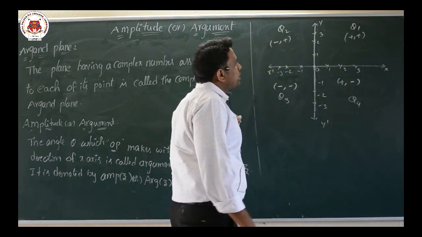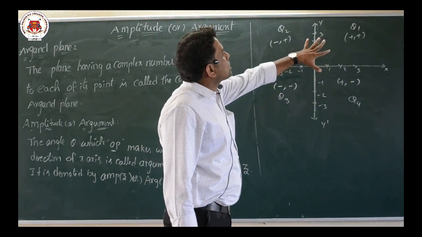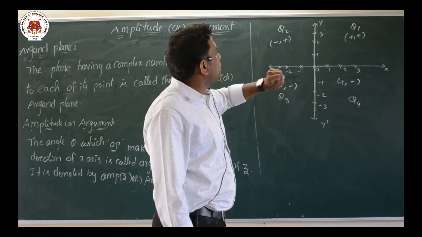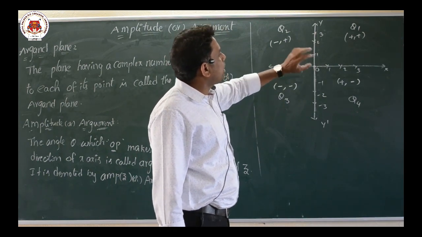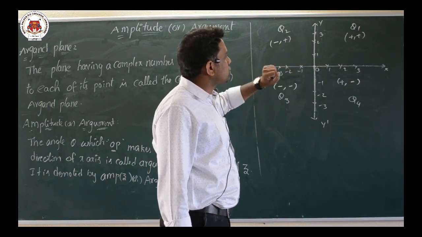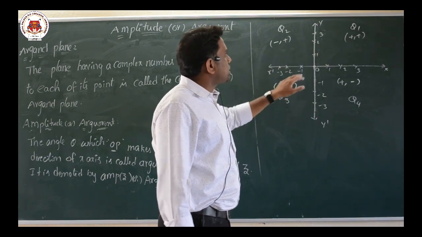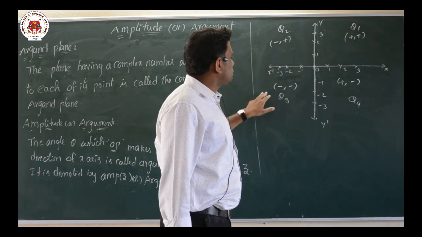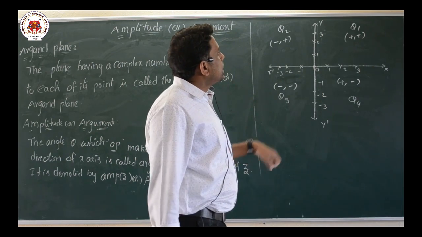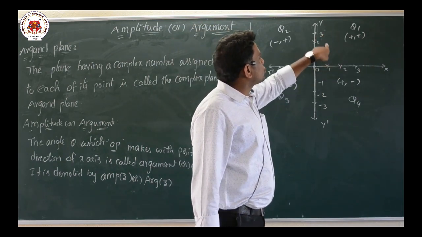So my dear children, in this complex plane, or coordinate two-dimensional system, there are totally 4 quadrants: quadrant 1, quadrant 2, third quadrant and fourth quadrant. In the first quadrant, x positive, y positive.